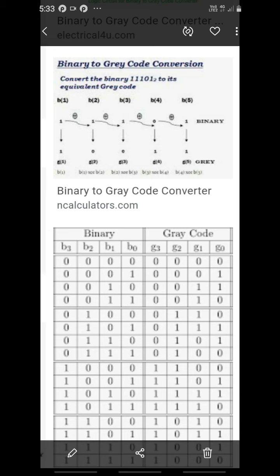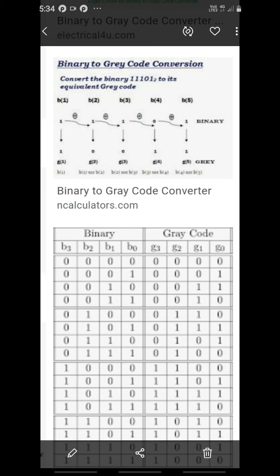So here the code word for decimal 0 is 0000, and the code word for decimal 1 is 0001.